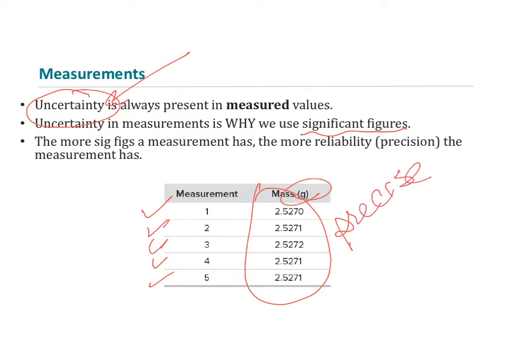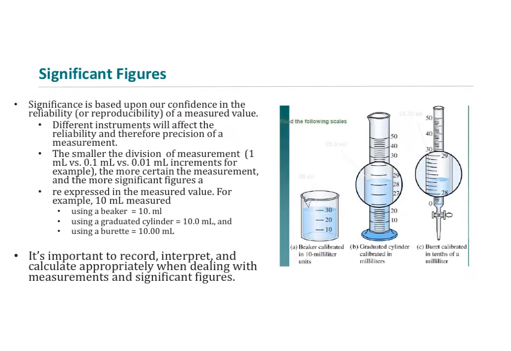Between the 5 measurements, it's only varying in the 1/10,000th place, so that's quite precise.